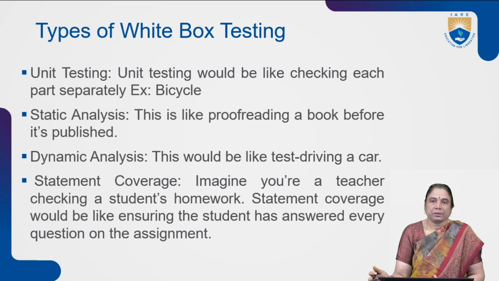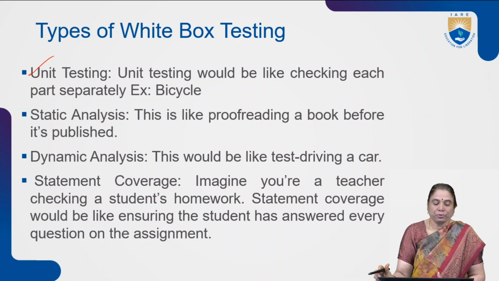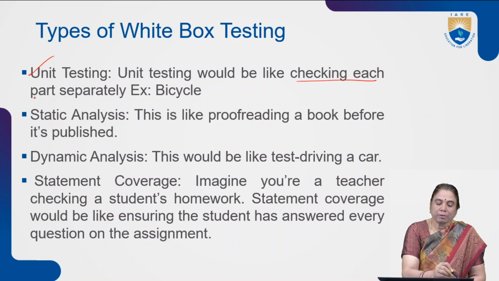Types of white box testing. The first variety is unit testing. The independent components of the application are tested, and that is called unit testing. A unit is a small independent component of the program which cannot be further divided. Testing applied on these units is referred to as unit testing, and it is generally used for checking each part separately.